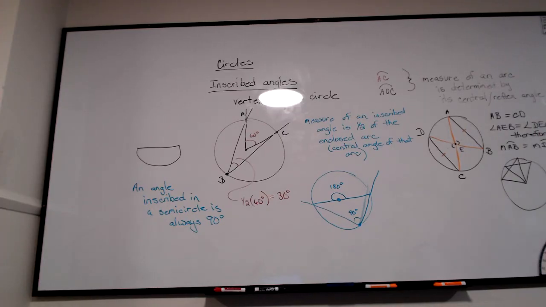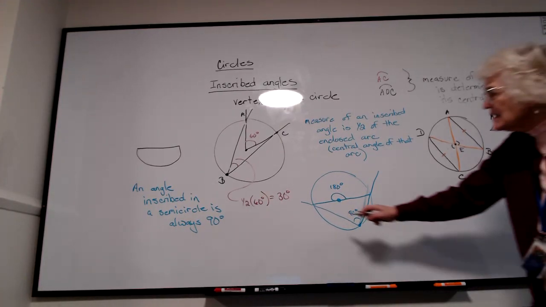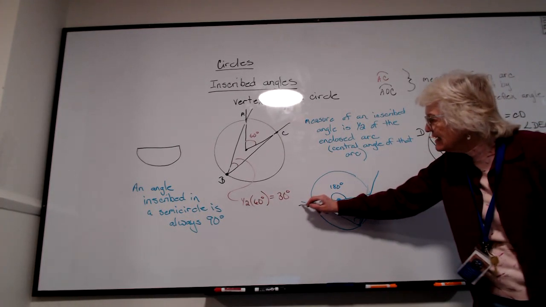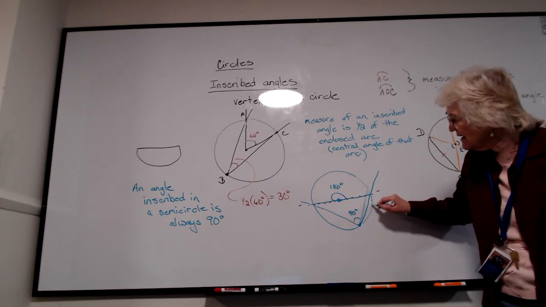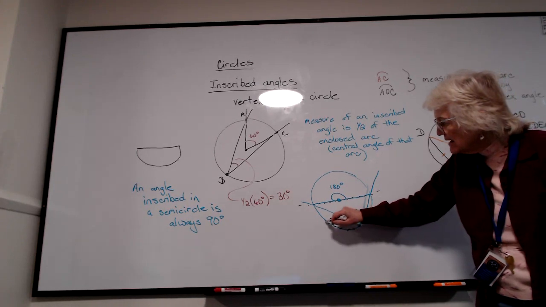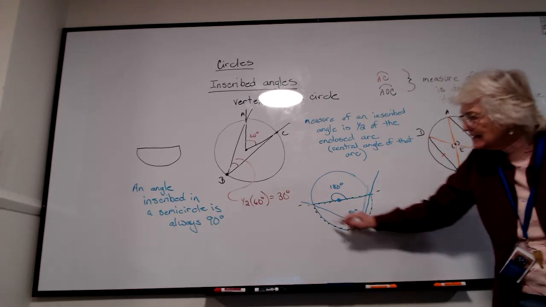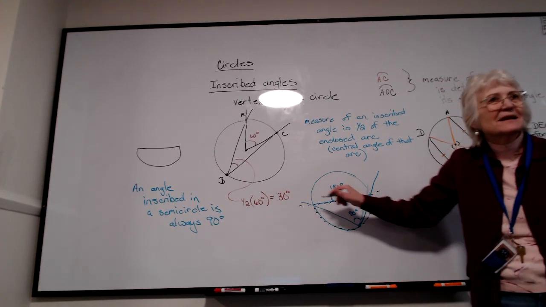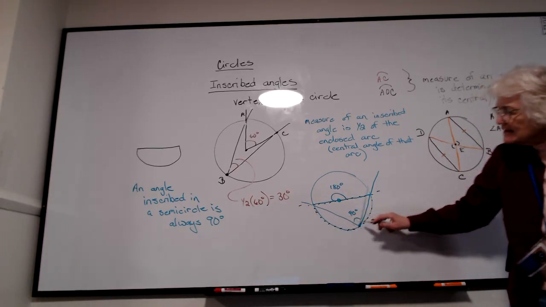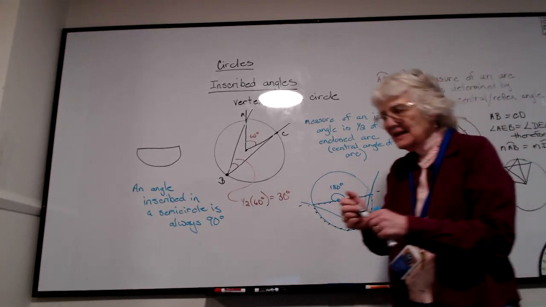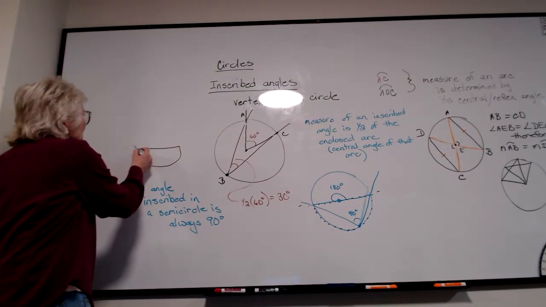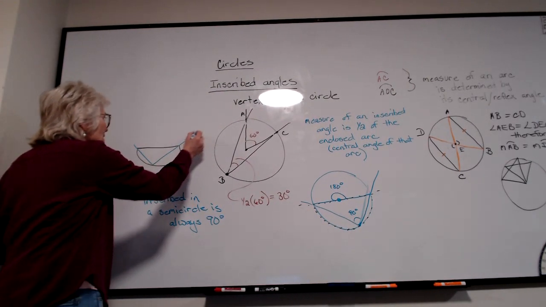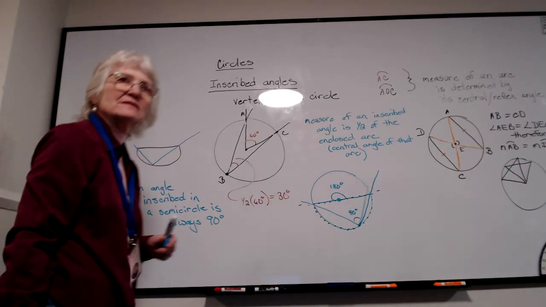Do you see that that right there is a semicircle? Anything that's inscribed in that is going to be 90 degrees. It doesn't matter where I draw it, as long as it's inscribed, it's going to be 90 degrees.